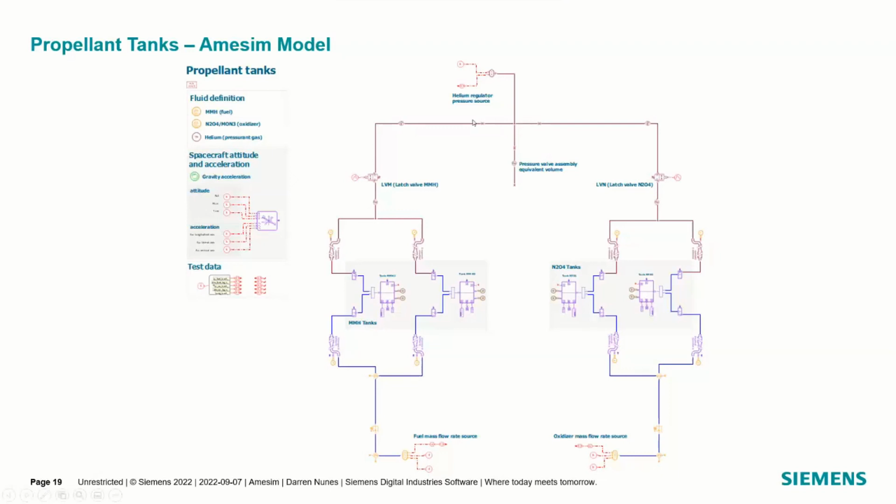But we see that this helium regulator is split into 2. Starting from the top, we have a variable pressure source and temperature source, and then downstream we have the 2-stage regulators. These are our latch valves. Then we have the gas flow that goes into different ullage of the 2 tanks.